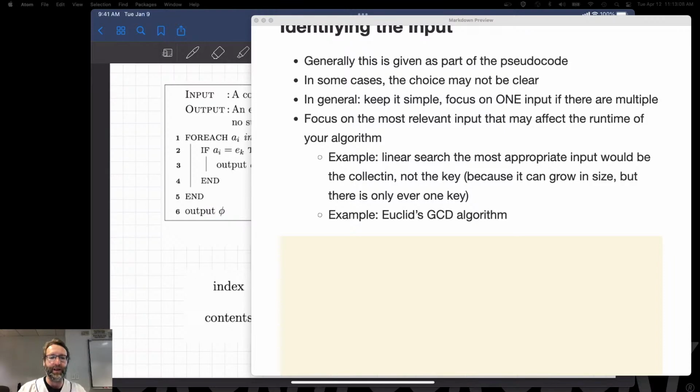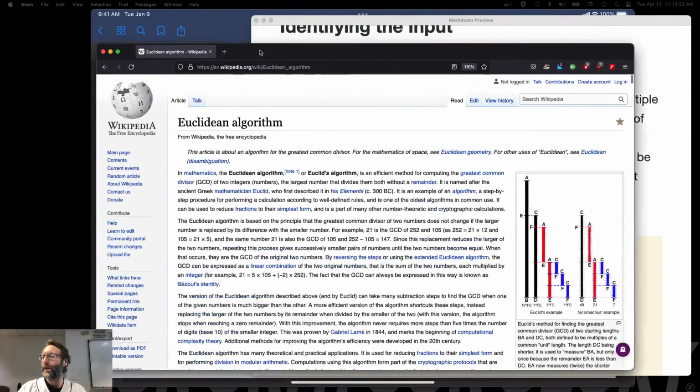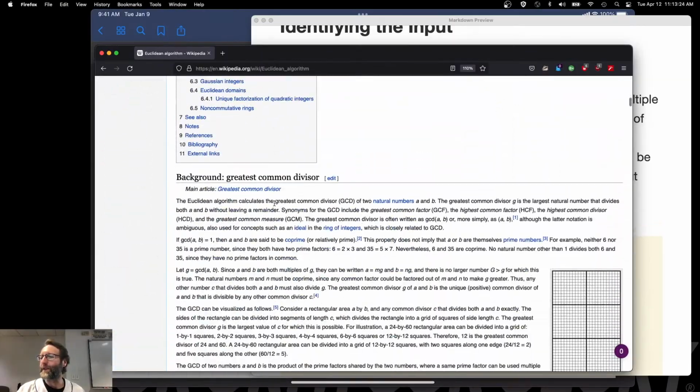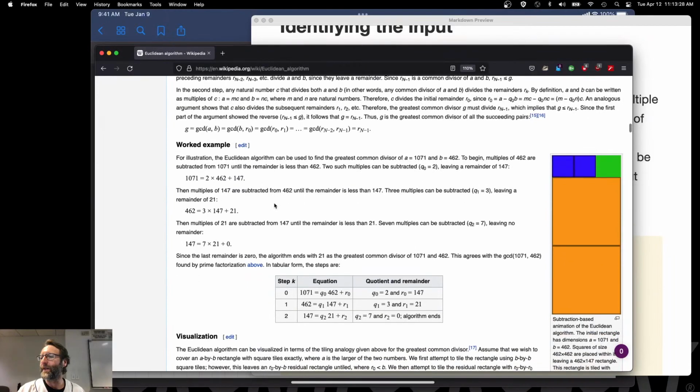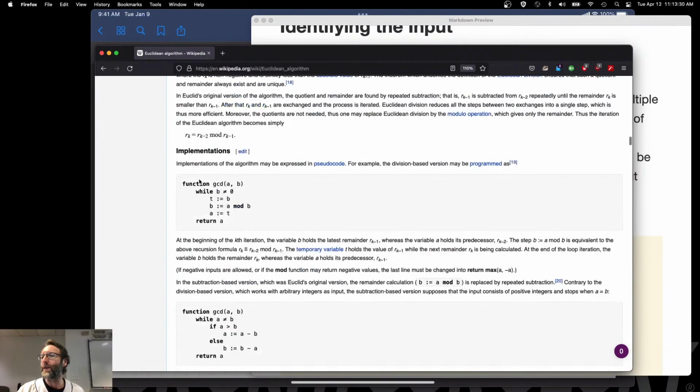Freecodecamp.com, okay, I don't want this, I just want the pseudocode. All right, fine, Wikipedia. There we go. I just want the simple version. Oh, come on, this is going to be a huge article. All right, there we go.